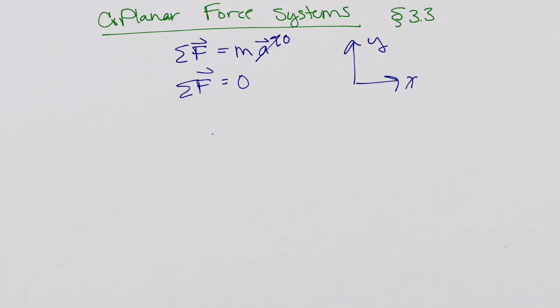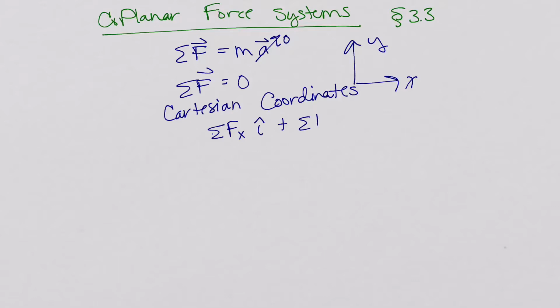So the sum of the forces equals 0. And how we can deal with these is we can break it down into Cartesian coordinates. So basically the sum of the forces in the X direction, i, plus sum of the forces in the Y direction, j, that's going to equal 0.